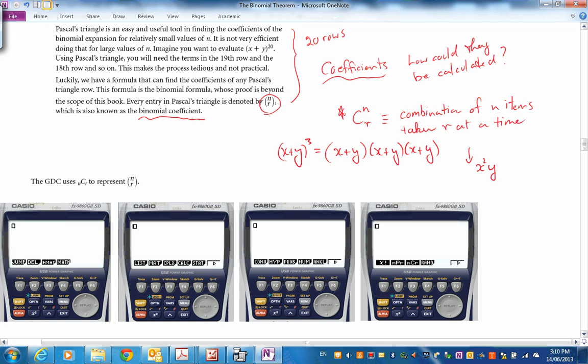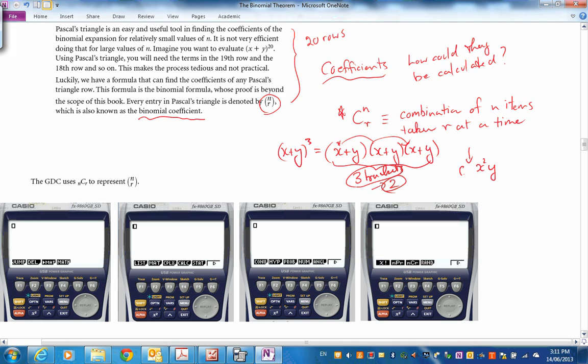We want to know how many ways from 3 brackets can you choose 2 x's. And the other one would be a y, because each term has to be multiplied by a term from each other bracket, like an extended FOIL, first outside inside last. So from 3 brackets, we want to pick out 2 x's and a y.